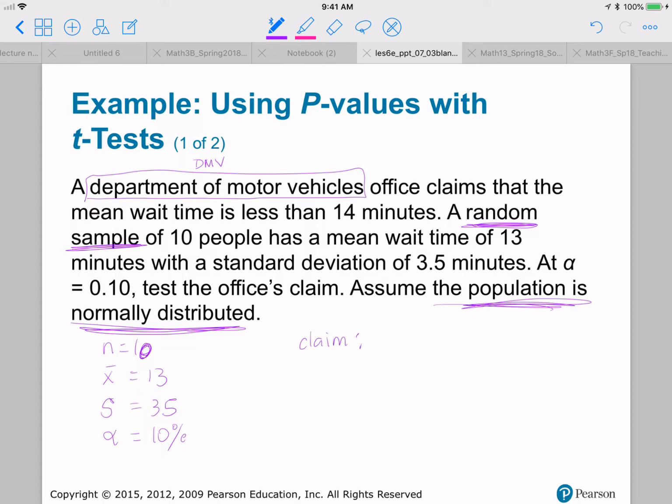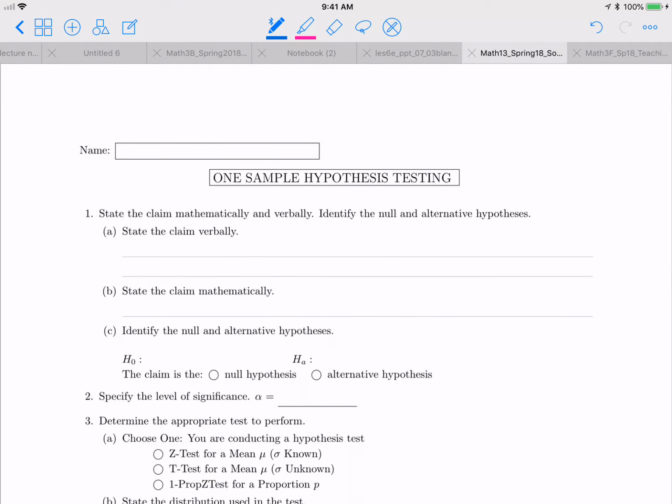Our claim is office claims that the mean wait time is less than 14 minutes. All right, so our claim is that the mean wait time is less than 14.